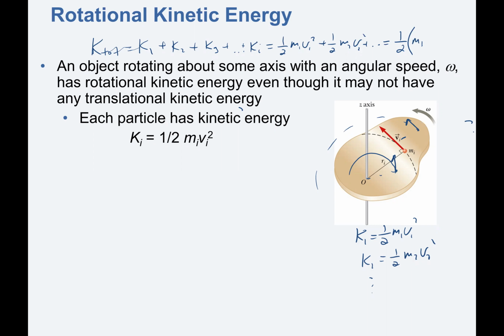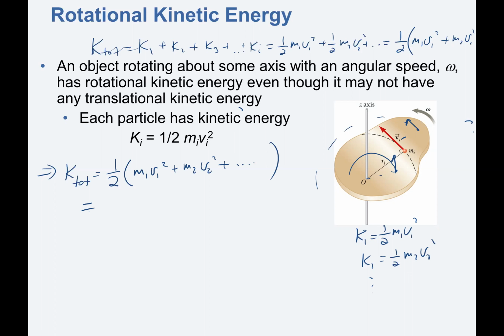You have m1 v1 squared plus m2 v2 squared, and so on. I'm going to do it here so you can see the derivation. K total equals 1/2 times m1 v1 squared plus m2 v2 squared plus, and so on for all of them.